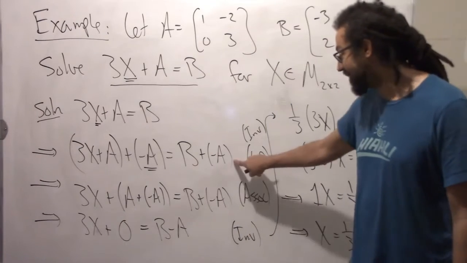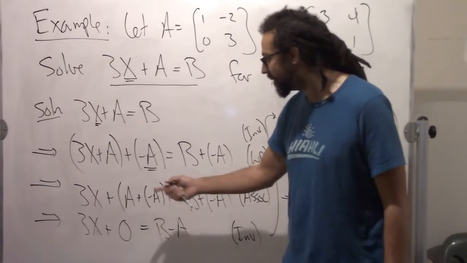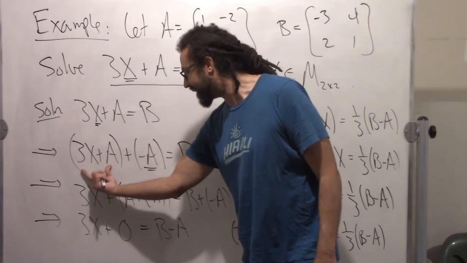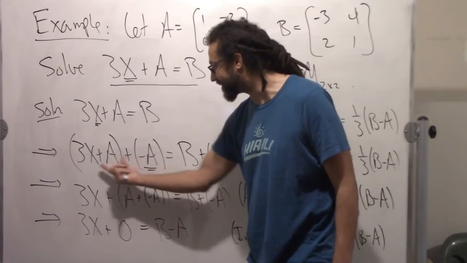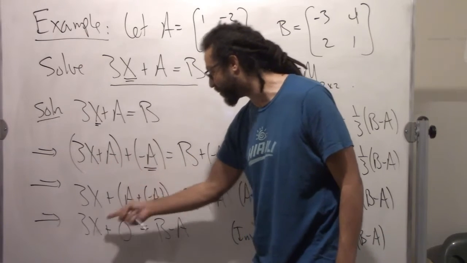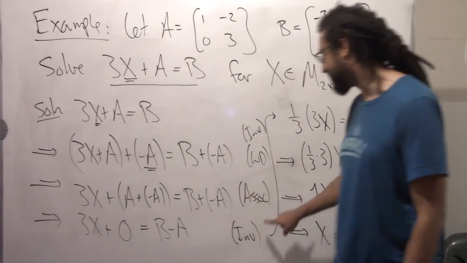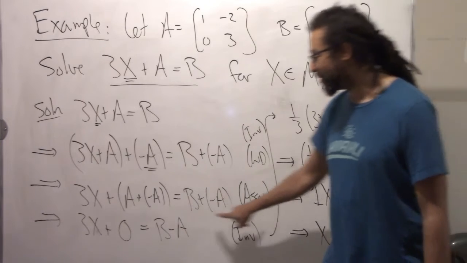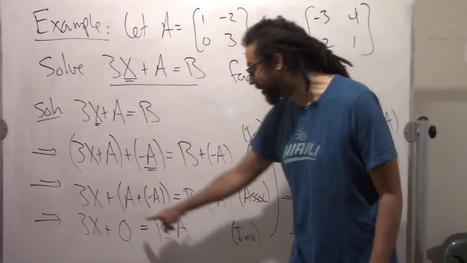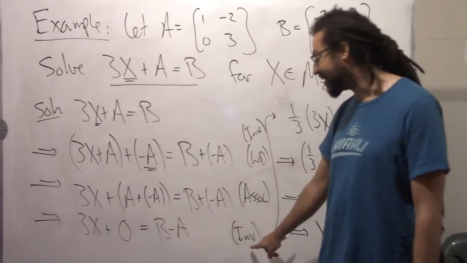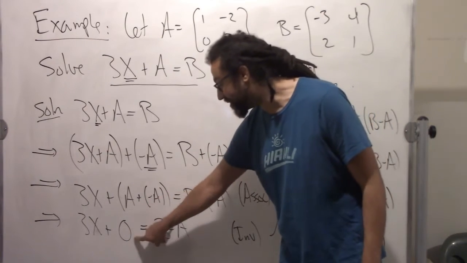So now, what's next? Well, 3x plus A, so that's a quantity by itself, plus the additive inverse of A. That's the same thing as if I shift the parentheses over. That's just the associative property. So now I've got A next to the additive inverse of A. So what is that? Well, I know based on the additive inverse property, this thing is 0.